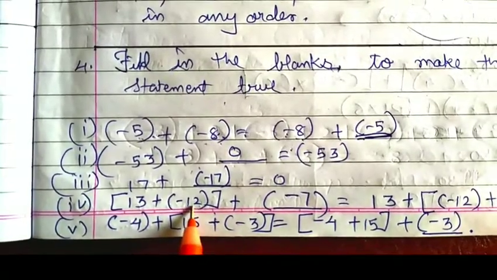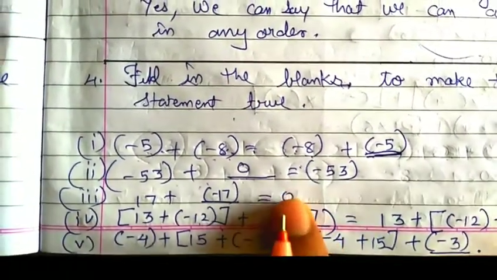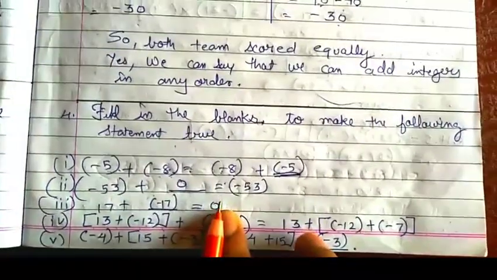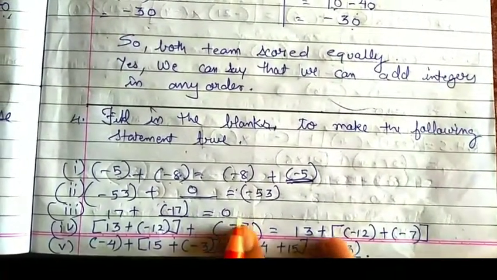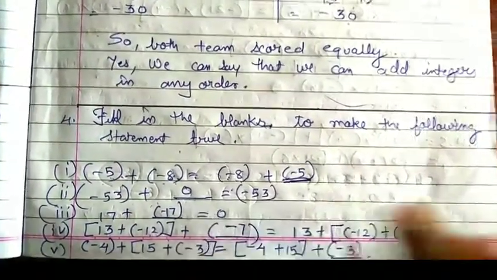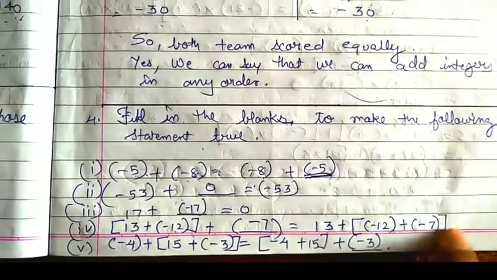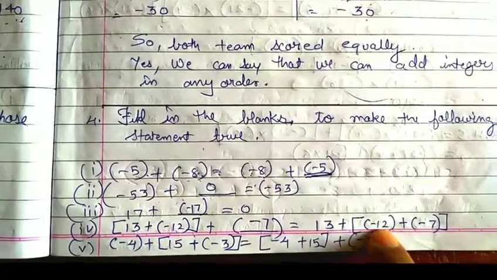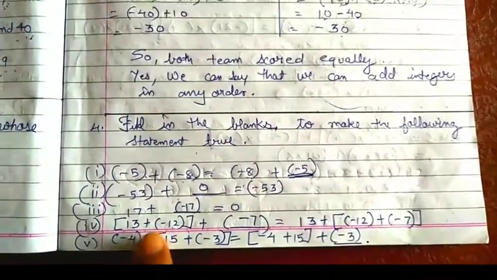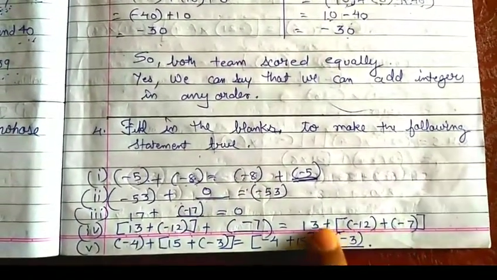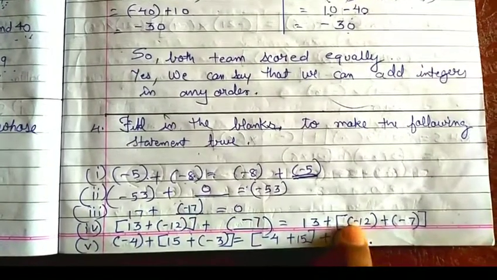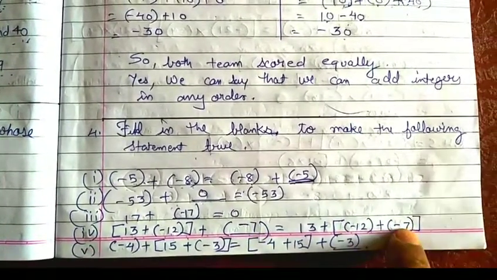Now 13 plus negative 12 plus what? Gives 13 plus negative 12 plus negative 7. Now here on the right hand side all three values are given, that is 13, negative 12 and negative 7, and on the left hand side 13, negative 12, but one value is missing, that is negative 7.